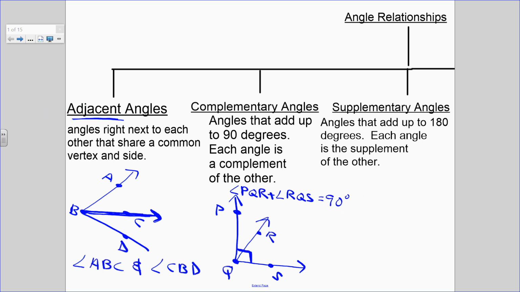Right over here. Okay. Notice the two angles that are adjacent, they add up to be 90. They add up to be a right angle.